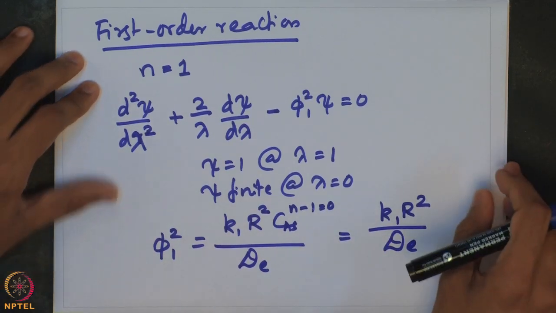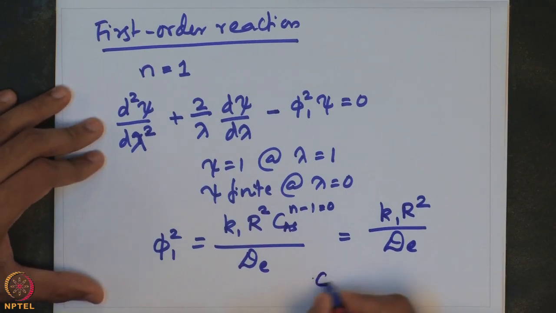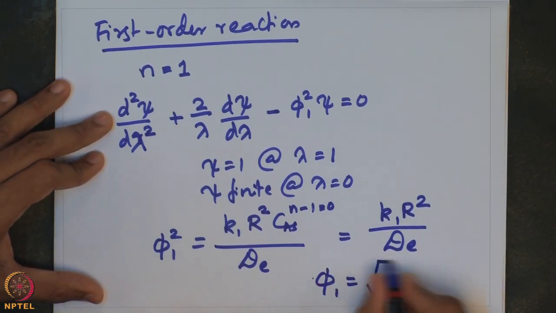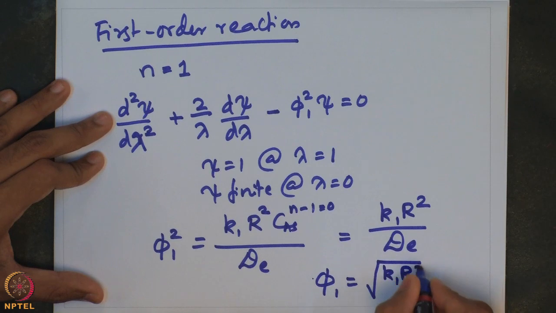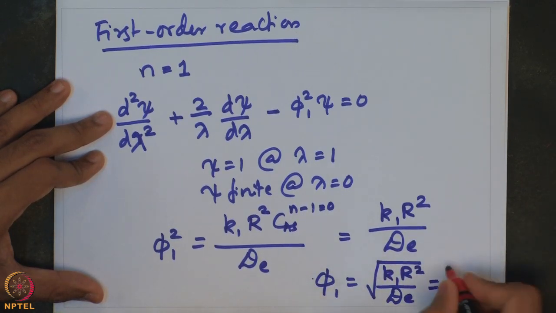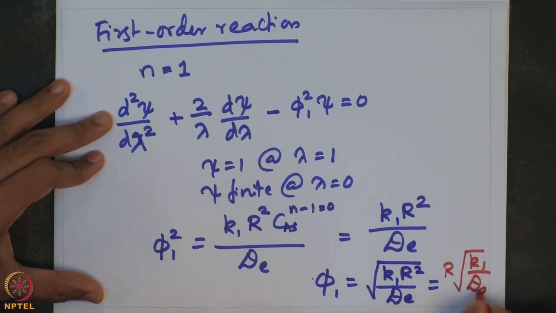Now the Thiele modulus is the square root of this expression. So, phi 1 is equal to the square root of k1 r square by d, which I can write by pulling out r as r into square root of k1 by d.